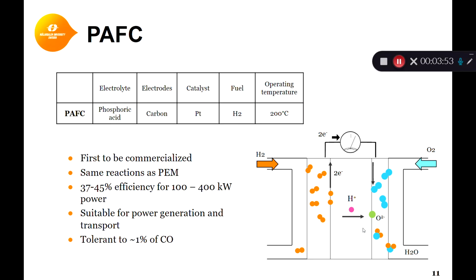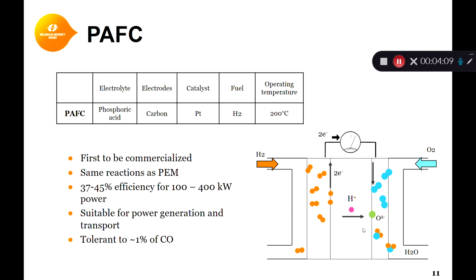Another type of fuel cell that we are going to look at is the phosphoric acid fuel cell, PAFC. These are very similar to PEM. The same type of reaction happens inside, but the electrolyte is a different material.